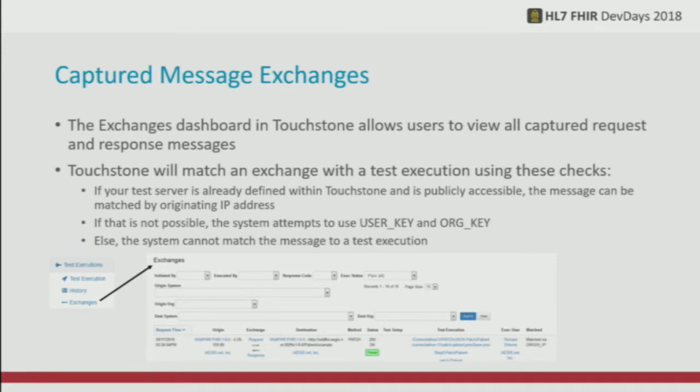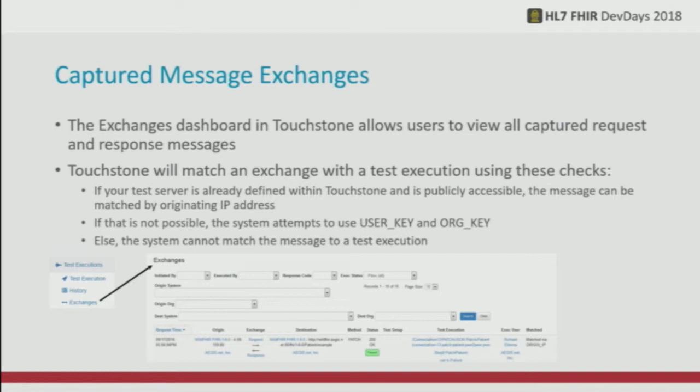And you sent it, you know you hit something on your client, but it didn't show up as registered in Touchstone. Well, as long as you're sending it to that proxy URL, Touchstone is going to record the inbound request. It's whether we matched it to a waiting test execution. And so there's some logic here that we're going to run through to make sure that the client inbound request was mapped appropriately to the waiting test execution.